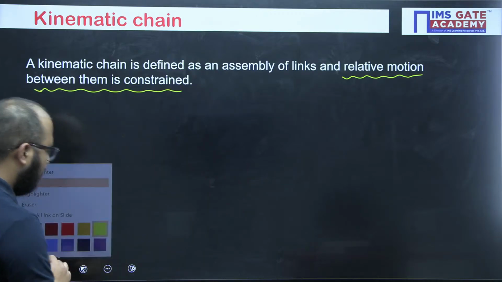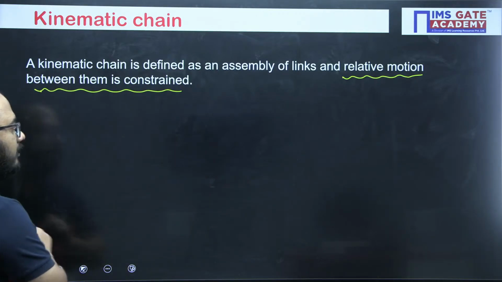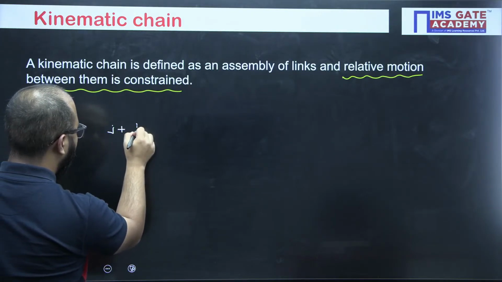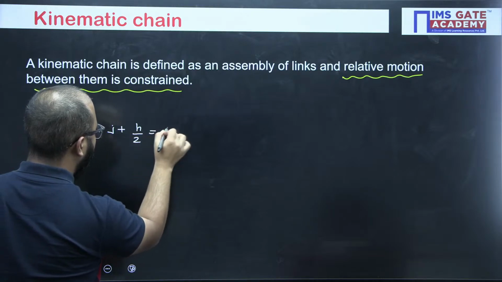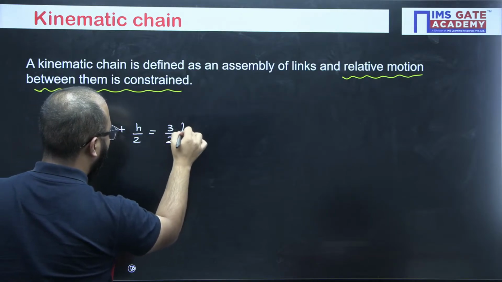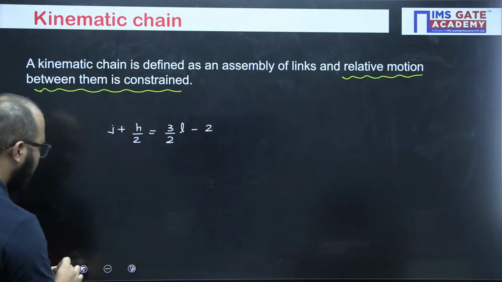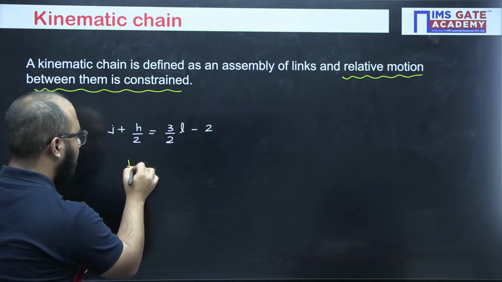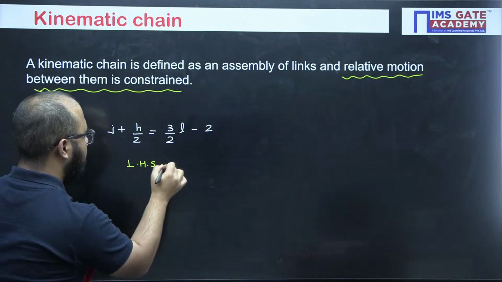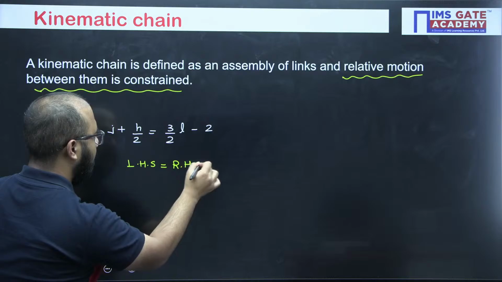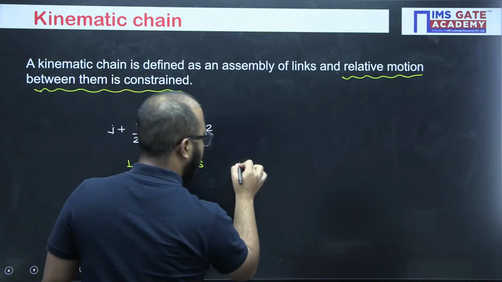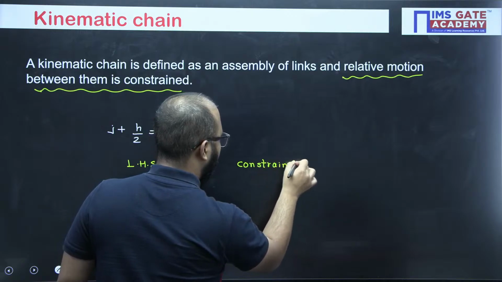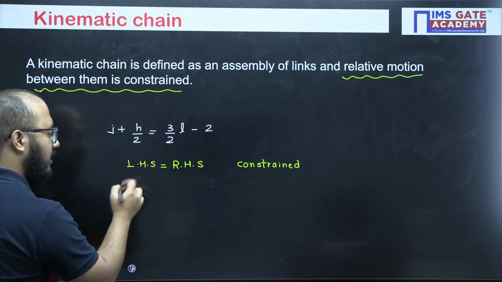Now there is a relation that we need to remember here: J plus H by 2 equals 3 by 2 L minus 2. In this relation, if LHS equals RHS, it is called constrained. It will have a constrained chain, constrained motion.